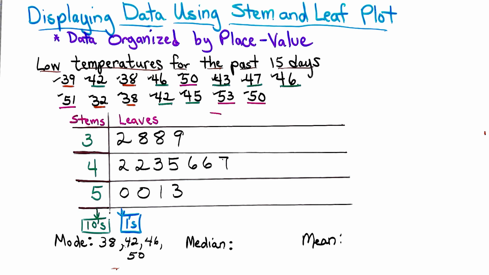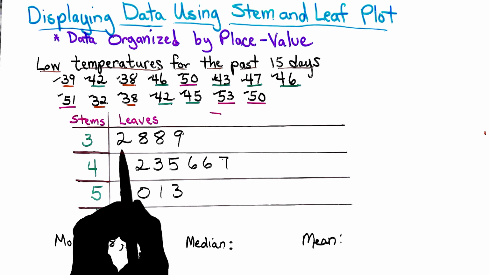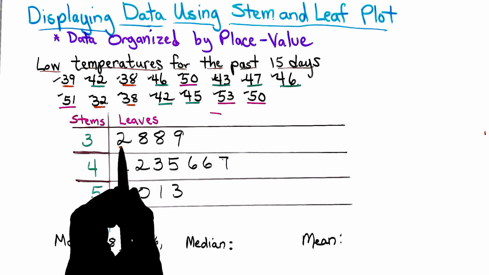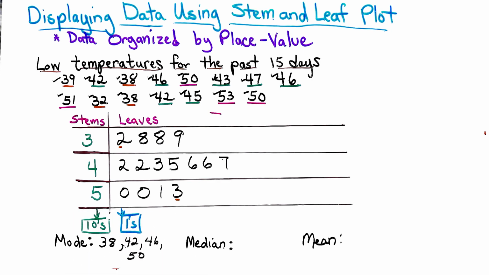Now to find the median, we are going to be looking for the middle of the data. I am going to put a dot underneath the numbers as we use them, because we're going to go from least to greatest, and mark them off one at a time. I'm marking one off there, and one off here.